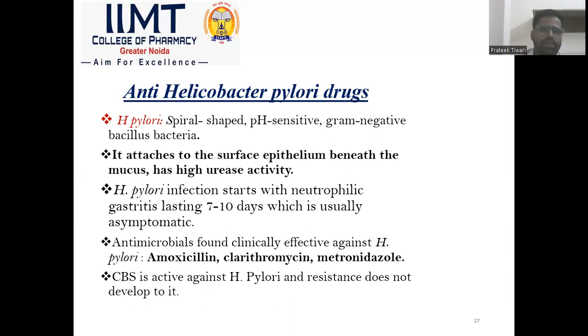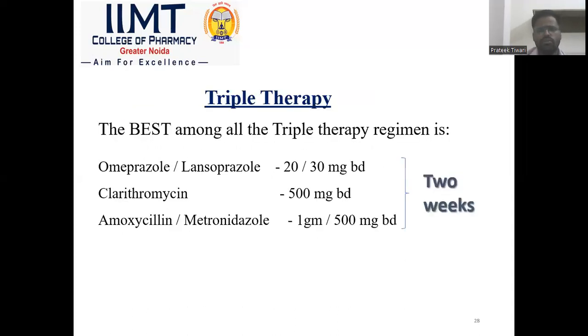We use several antimicrobials in anti-H. pylori treatment of peptic ulcer, like amoxicillin, tetracycline, and metronidazole. Now we use two different drug regimens: the first is triple drug therapy, and the other is quadruple drug regimen therapy.